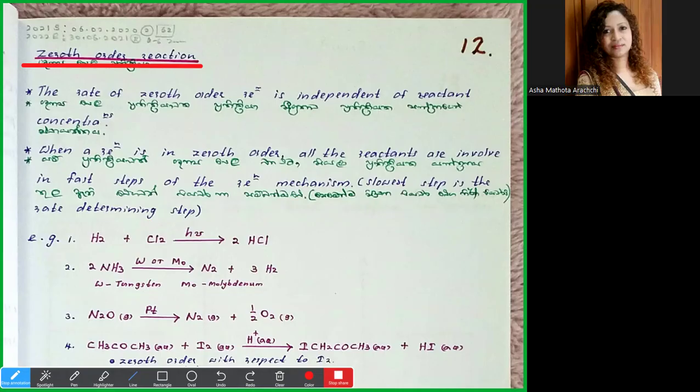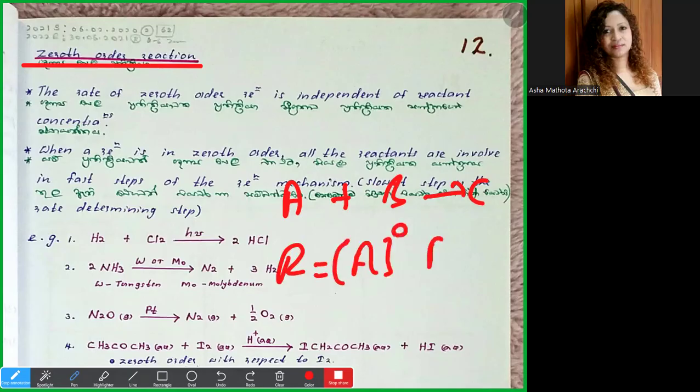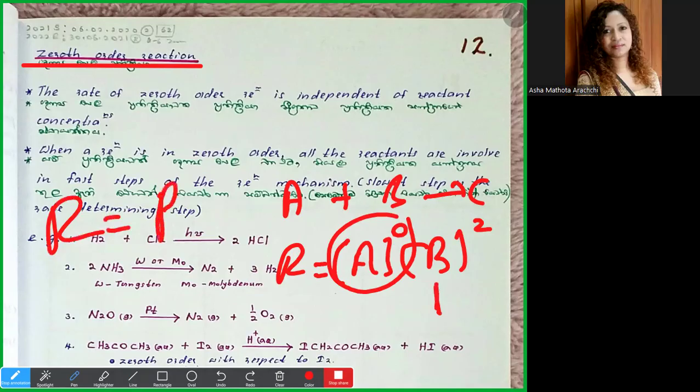Okay. So if it is zero order, the reaction rate cannot change by this reactant. Let's say we have A and B gives C. Then we write the rate equals k A to the power 0 and B to the power, let's say, 2. Then A to the power 0 means what? This equals 1. So we write the rate as rate equals k B to the power 2. A is not here.